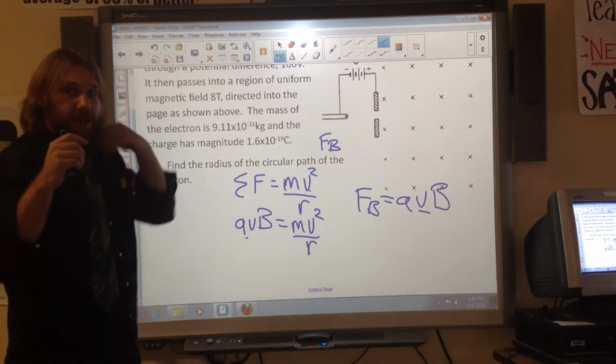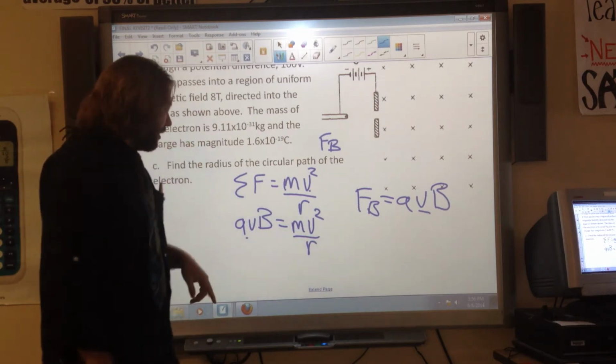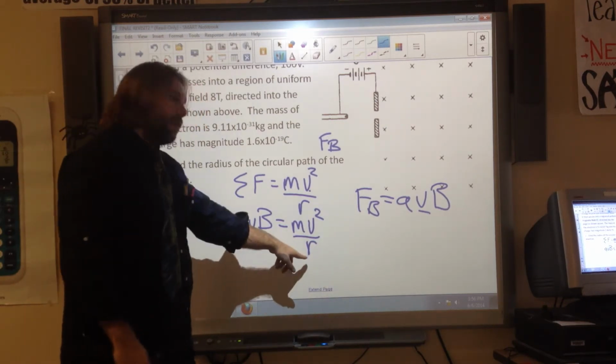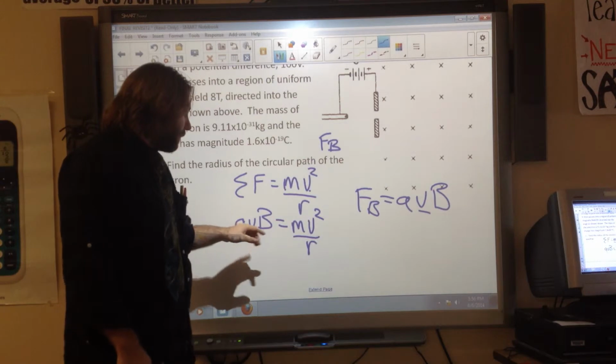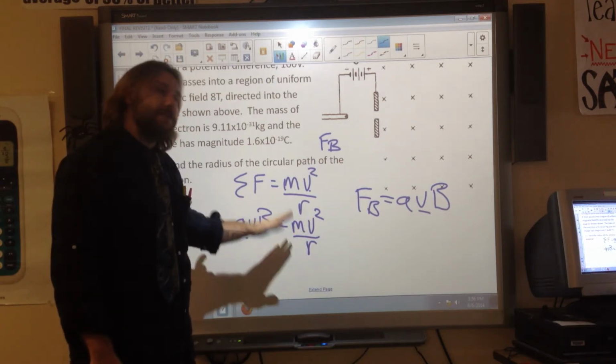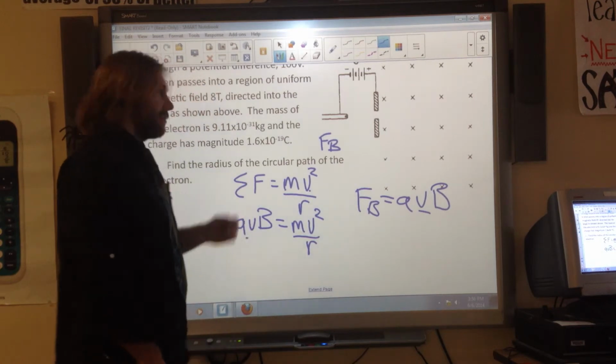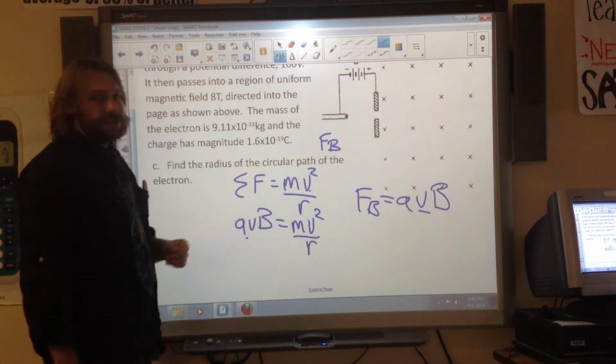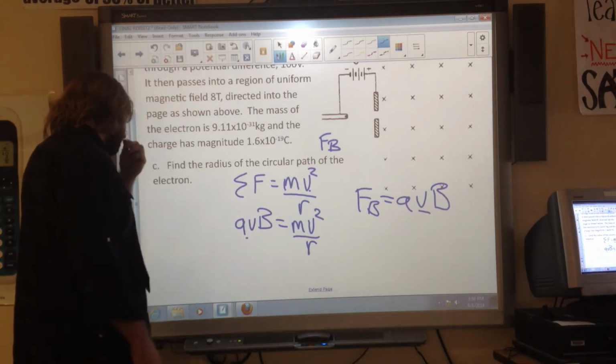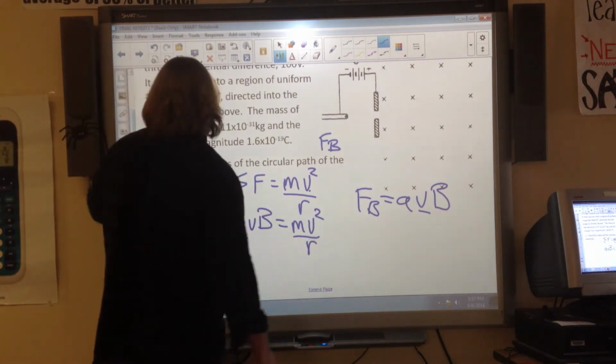And the way that you go ahead and finish this is you're going to solve for r. Manipulate. Remember, get it out of the basement first. Do not try and get rid of mv squared. Get r out of the basement first and then solve for it. You'll notice that v's cancel out a little bit. You solve for it that way.